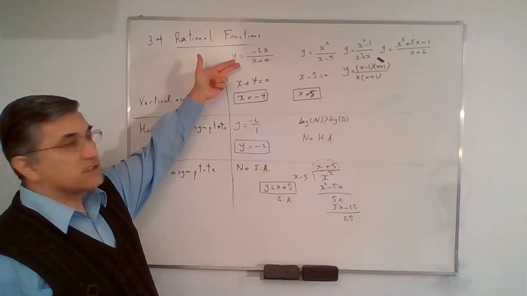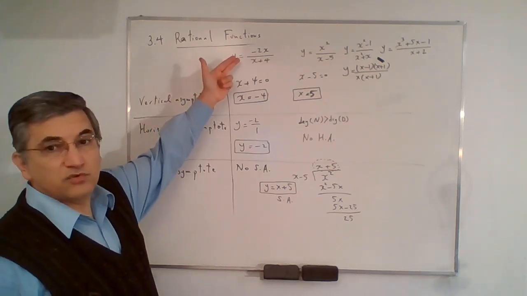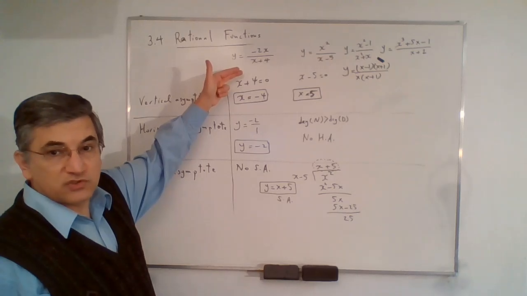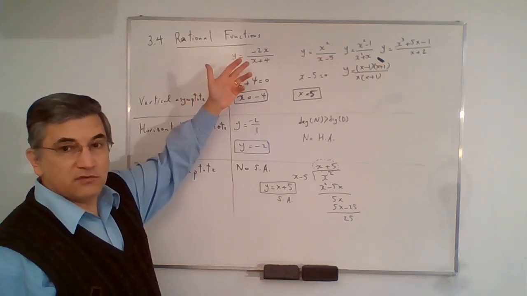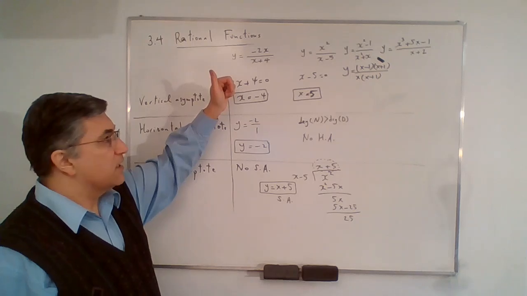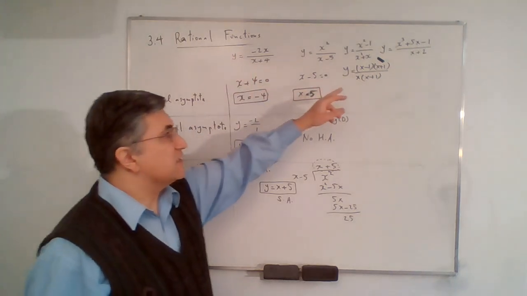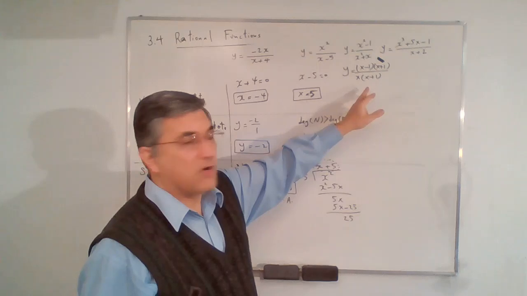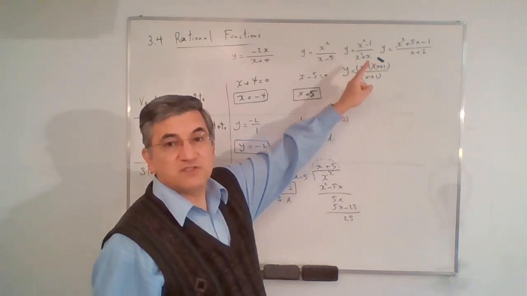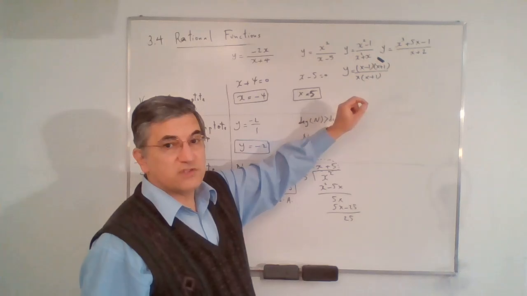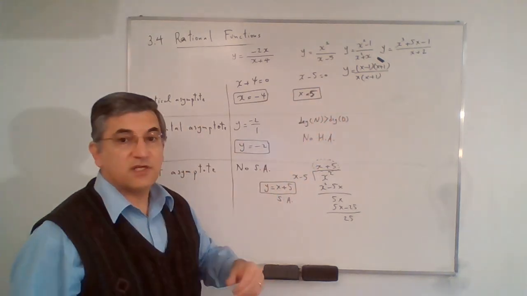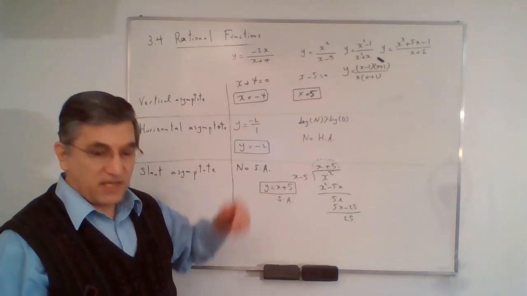Even in this case, when x approaches negative 4, the numerator approaches 8, the denominator approaches 0. So we have a non-zero number divided by 0, approaching infinity. But that's not the case here when x is negative 1, because if x is negative 1, we have 0 over 0. So it's not like the function is going to approach infinity, just like in the past cases.